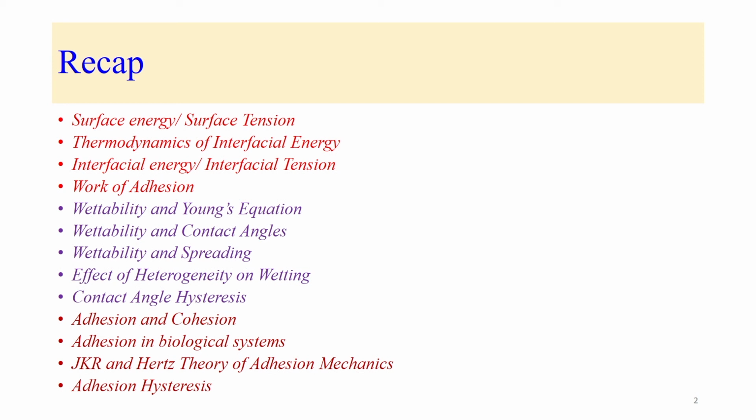So, in today's lecture, we will talk about the various methods for surface tension measurements. As you remember, the surface tension or surface energy is related to the work of adhesion, and work of adhesion is related to intermolecular forces or intermolecular interactions.